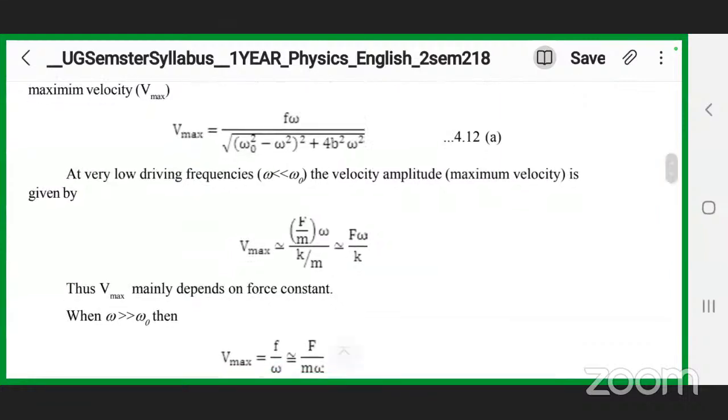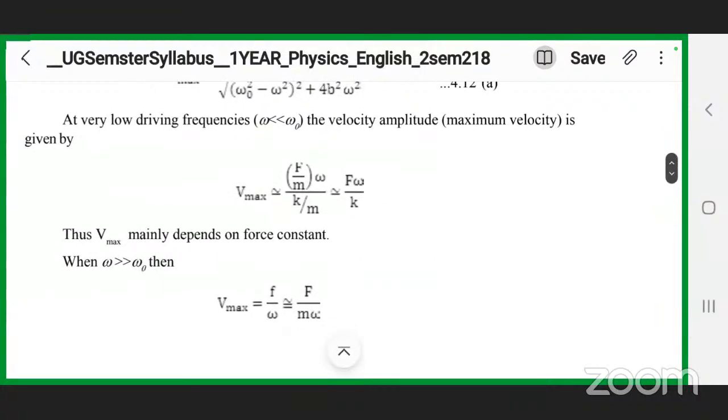Next condition is when omega is far greater than the natural frequency of the oscillator, then V max equals small f by omega, where small f is capital F by m.